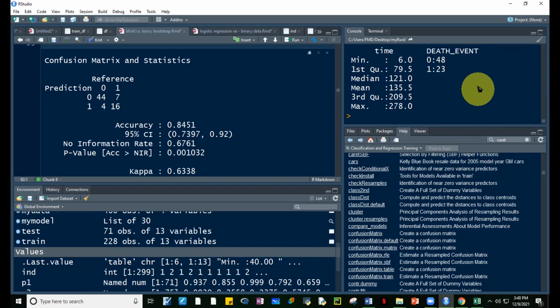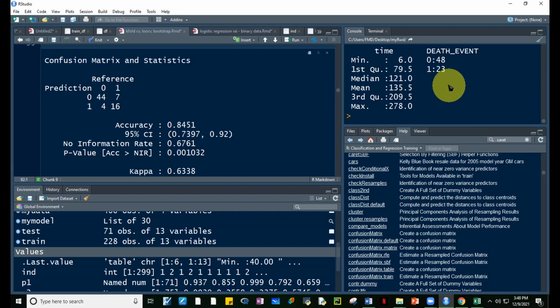Dun sa death event, guys, dun sa test data natin, according to the statistic natin ito, 48% did not die. 23% died. Okay. So if we're going to use this, ibig sabihin, gamitin lang nating data, wag na natin i-model yan.